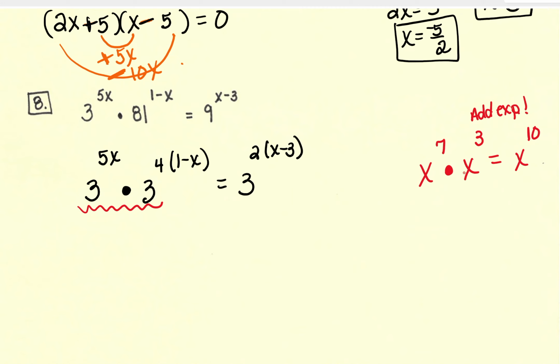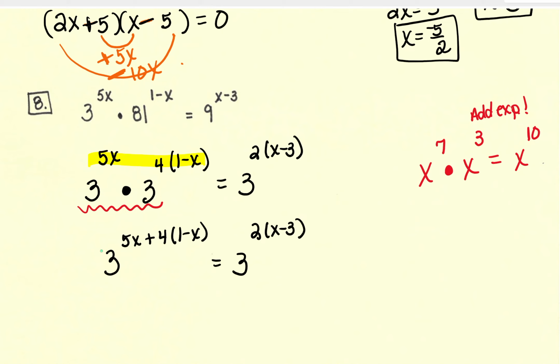So we brought the base over and we added the exponents. That's exactly what you're going to do over here. You're going to bring that base over and you're going to add those exponents. So I'll say 5x plus 4 times 1 minus x, and then over here, it just is what it is.